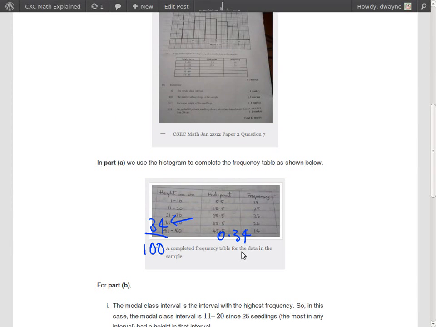This number here represents the number of seedlings with a height that is greater than 30 centimeters, and this here represents the total number of seedlings, which is 100. And so the probability that a seedling chosen at random has a height that is greater than 30 centimeters is equal to 0.34.